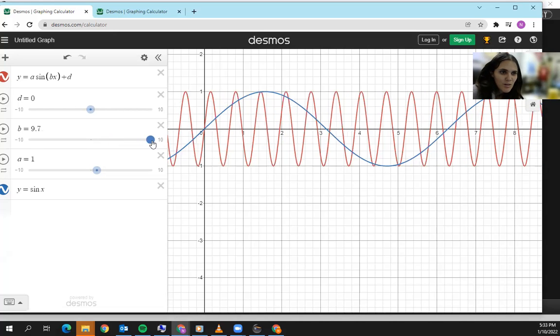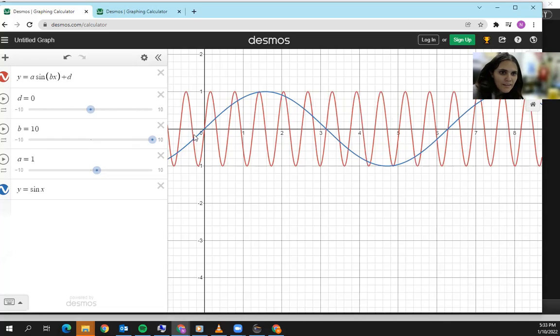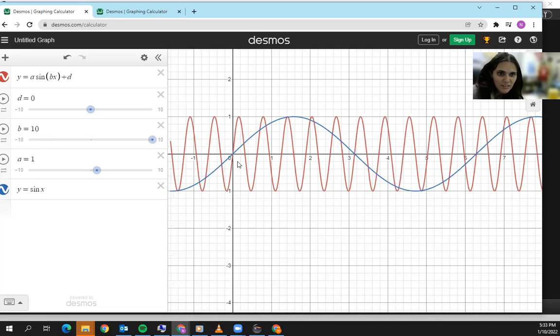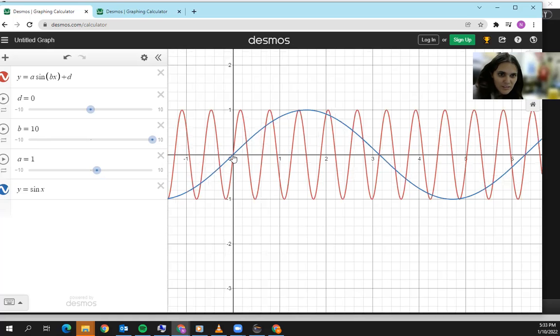Let's see, if B was 10, now how long would it take to complete a whole period? Before, we said it was 2 pi to go all the way up to the maximum, all the way down to the minimum, and then back to the midline. What do you think happens now that B is 10? Let's see. Starting here at 0, 0, I go up to my maximum, down to my minimum, and then back here again. Now I'm at pi over 5.